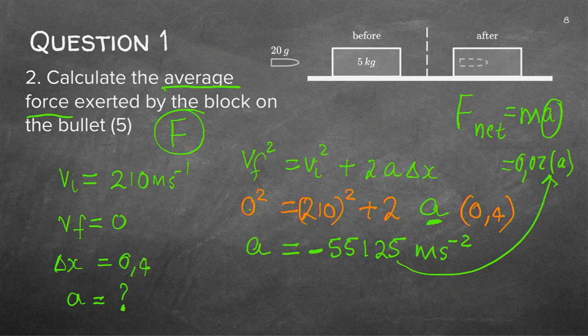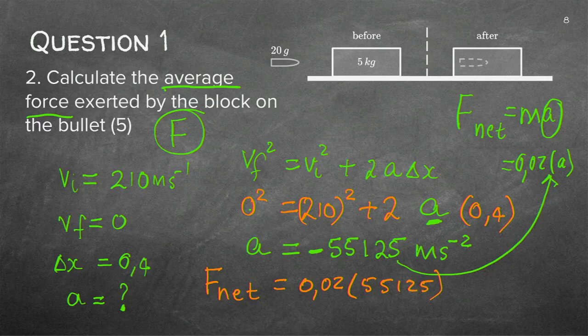I'm going to write down, let me just change and rewrite that here. That is what they asked of me. I've got the mass, and I now also have the acceleration. And remember, it's negative. My answer will thus be 1102.5.